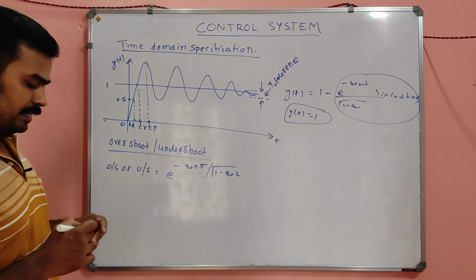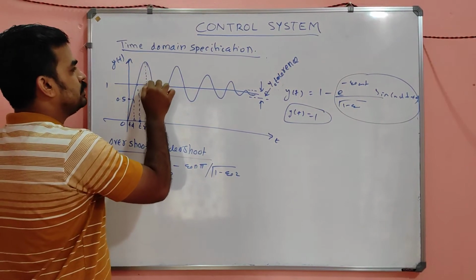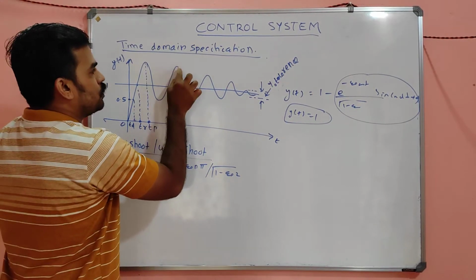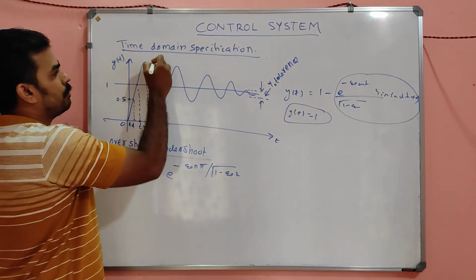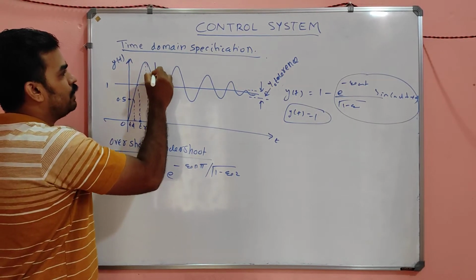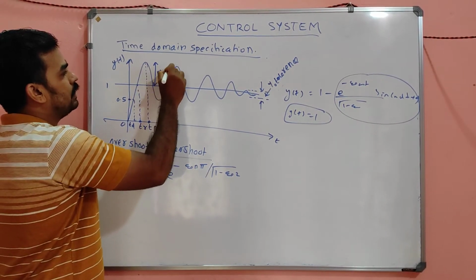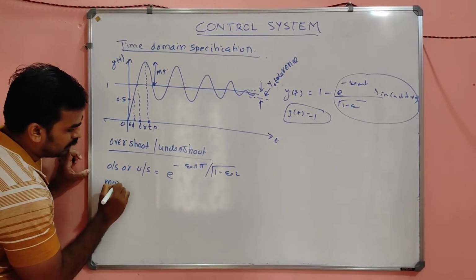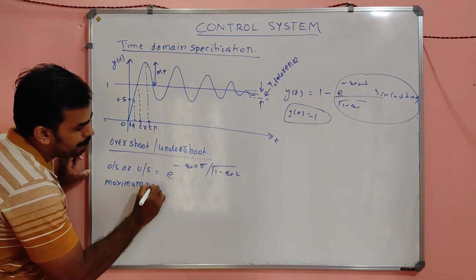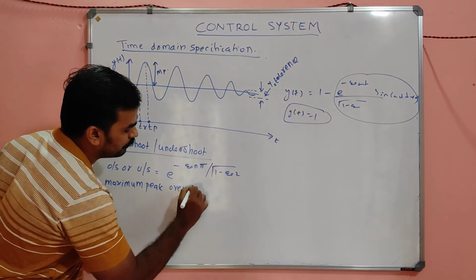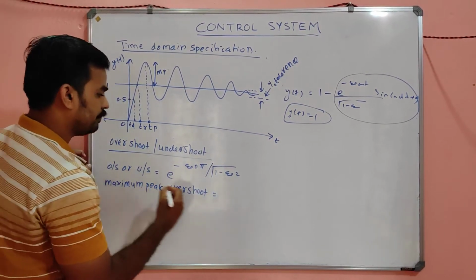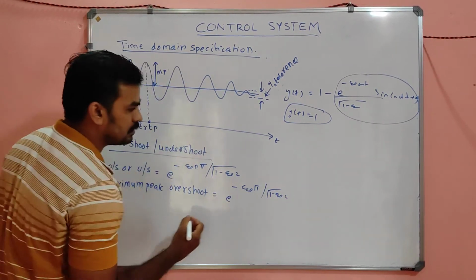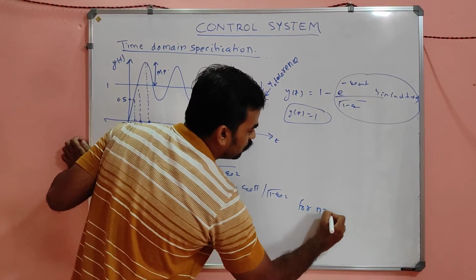What is the meaning of overshoot, my dear? This is the first overshoot, then moving down, this is the first undershoot. This is the second overshoot, and this is the second undershoot. This value is called the maximum peak overshoot. The maximum peak overshoot will be equal to e raised to minus zeta pi divided by root of 1 minus zeta square, because that is for n equal to 1.